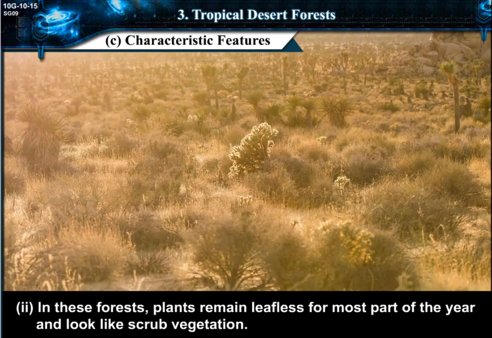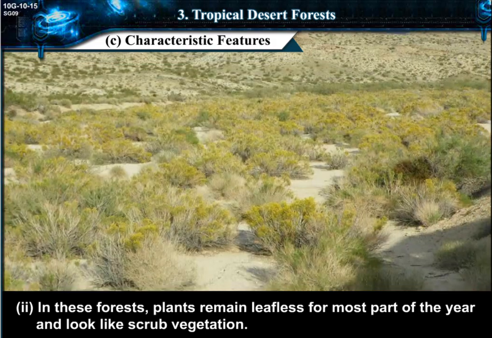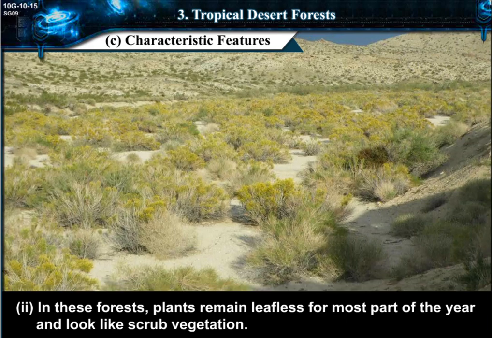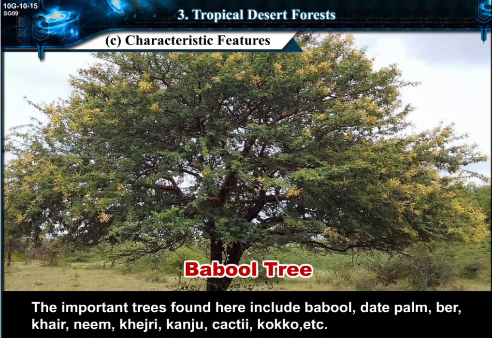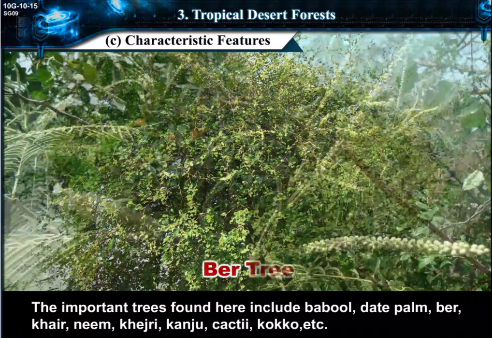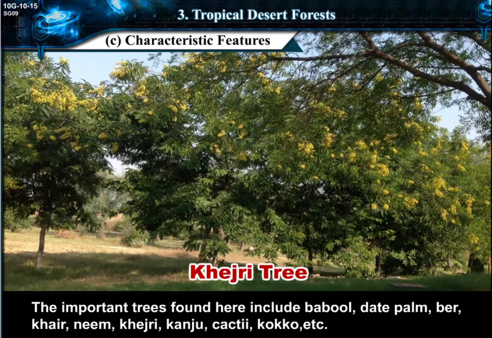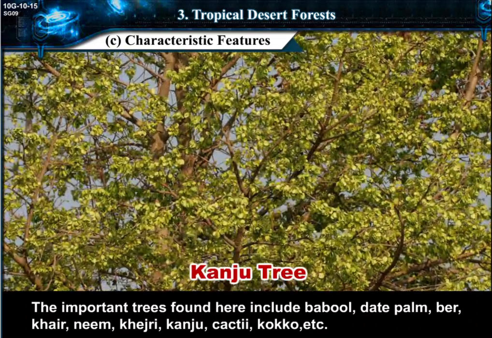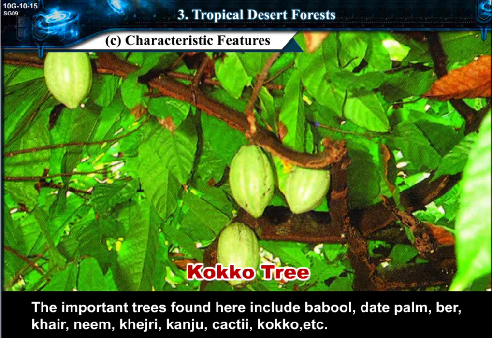Second, in these forests, plants remain leafless for most part of the year and look like scrub vegetation. The important trees found here include babool, date palm, ber, kher, neem, khejri, kanju, cacti, cocoa, etc.